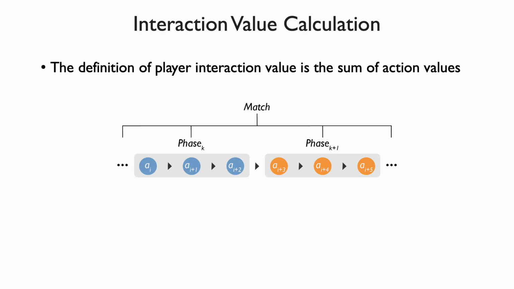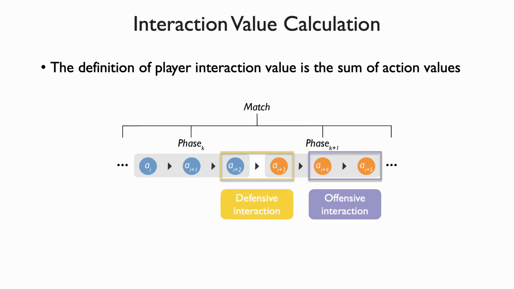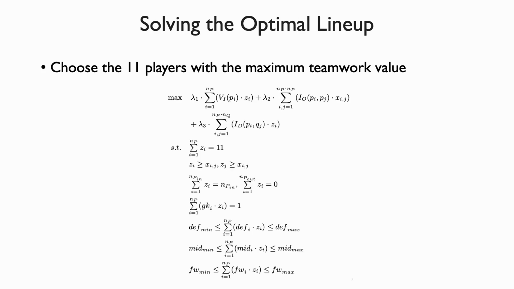A phase is a series of consecutive actions performed by players in the same team. An offensive interaction is composed of two consecutive actions by two players in the same phase, and the defensive interaction is two consecutive actions of players from different teams. The interaction value is the sum of the values of the two actions within the interaction.